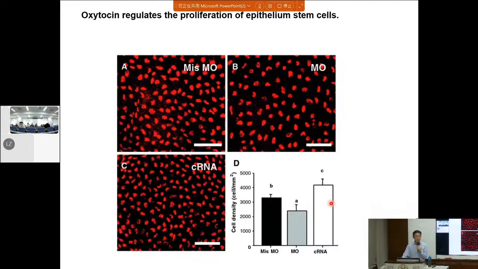Regarding the epithelial stem cell, we found a similar result. The stem cell is decreased after knocking down the oxytocin, but increased after the cRNA injection. That means oxytocin is important for the cell proliferation of the stem cell and the terminal differentiation of the ionocyte progenitor cell, respectively.